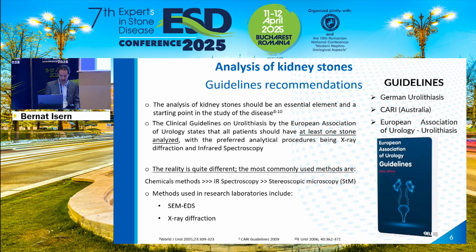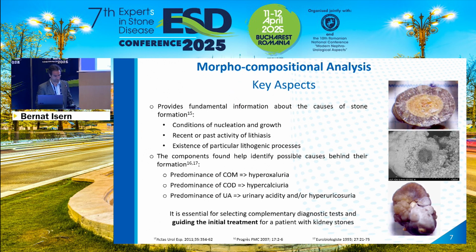Also yesterday, Dr. Elawaris, during his presentation at the Congress, stated that knowing the type of kidney stones is critical for recommending an appropriate diet. However, the reality is quite different. In general, the percentage of stones subjected to this type of analysis is quite low. And in these cases, chemical methods are the most used, despite not being the most optimal approach.